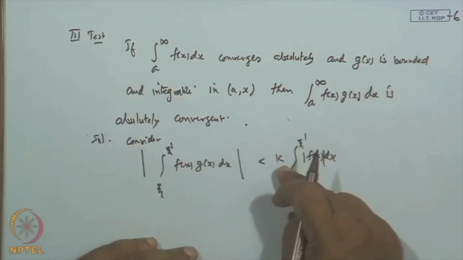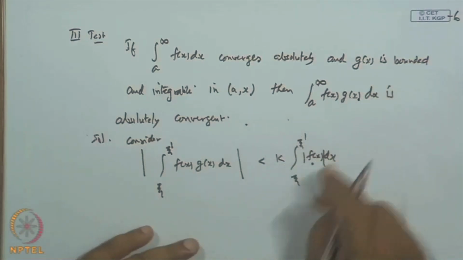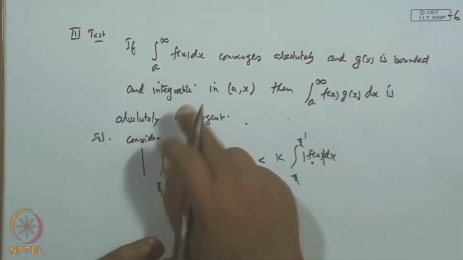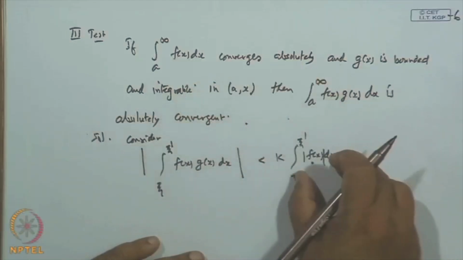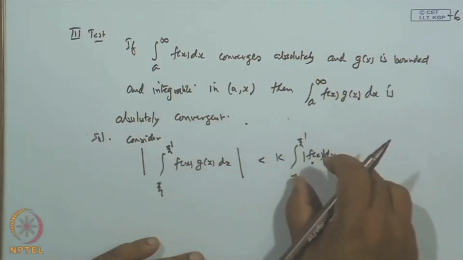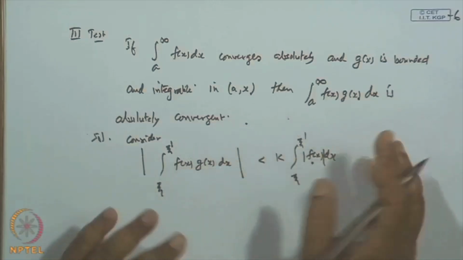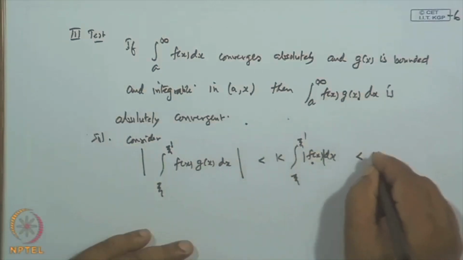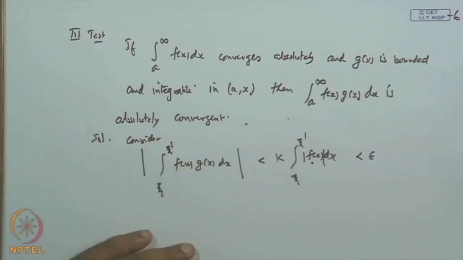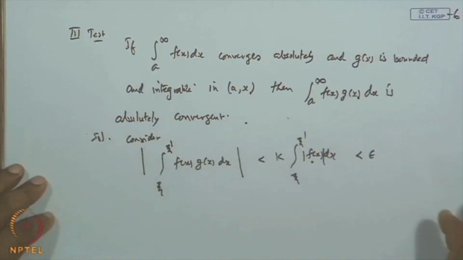So, let it be bounded by k. Now, if the integral of f(x) converges absolutely, as is given, this is less than some quantity, less than epsilon.